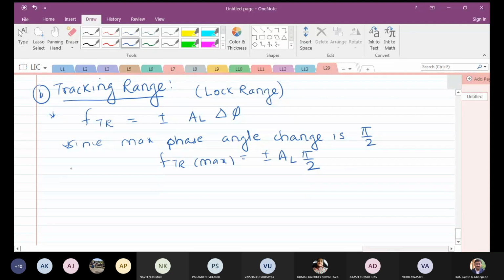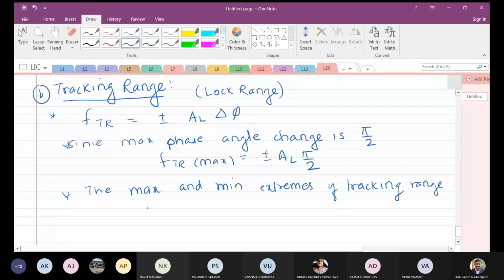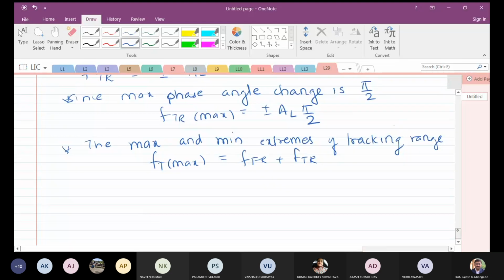So therefore, the maximum and minimum extremes of tracking range can be calculated as FT maximum is FFR plus FTR, where FFR is the free running frequency and FTR is the tracking range.